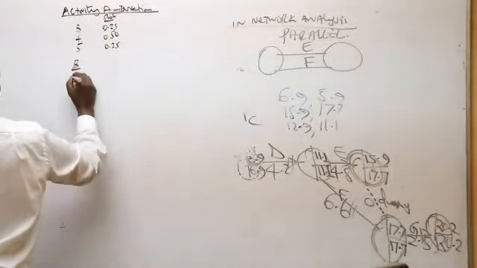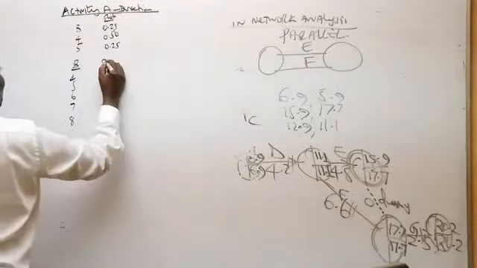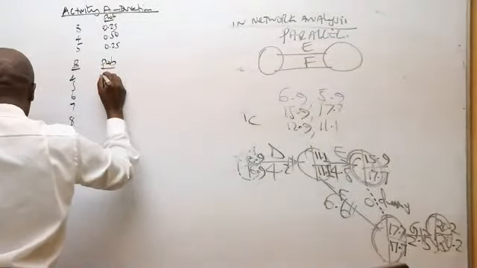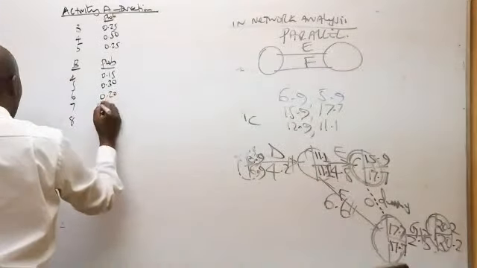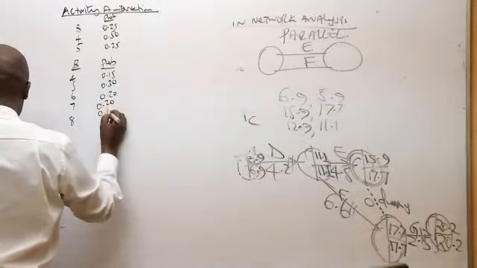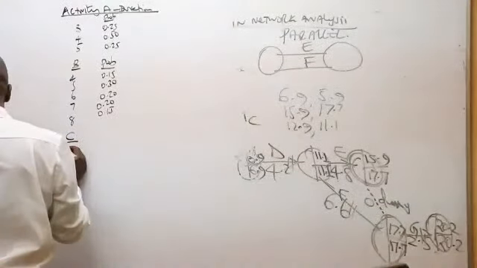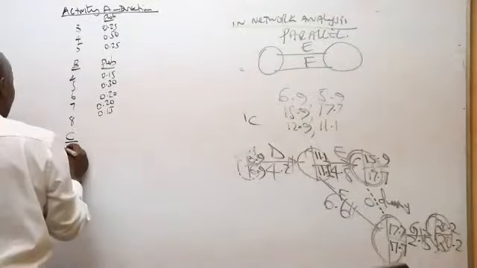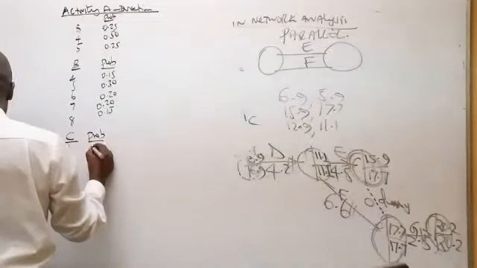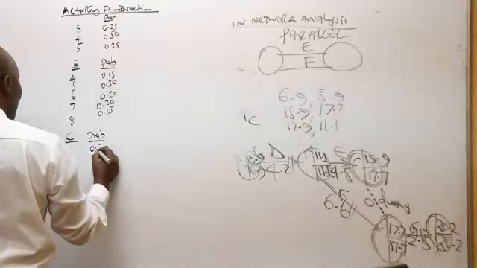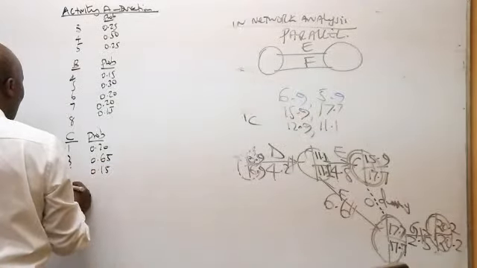Then activity B could be 4, 5, 6, 7, or 8, with probabilities 0.15, 0.30, 0.20, 0.20, 0.15. Activity C could either take 1, 3, or 5 with probabilities 0.20, 0.65, 0.15.